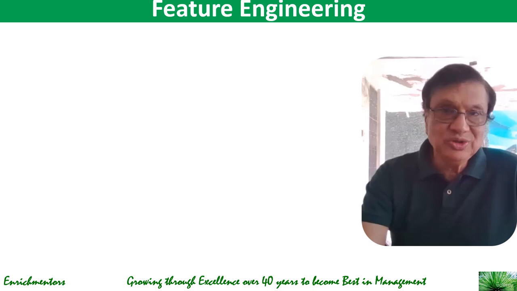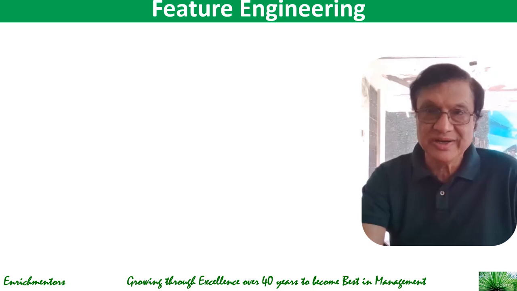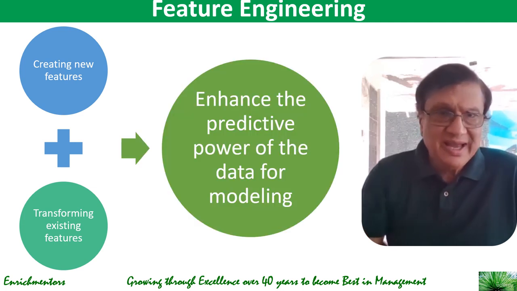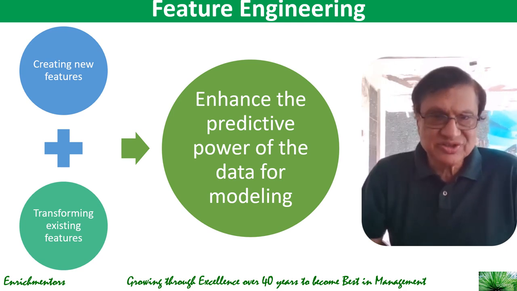The other thing that you need to do is feature engineering, that involves creating new features or transforming existing features to enhance the predictive power of modeling, and this includes encoding categorical variables, scaling and normalization, and then we get into feature extraction.